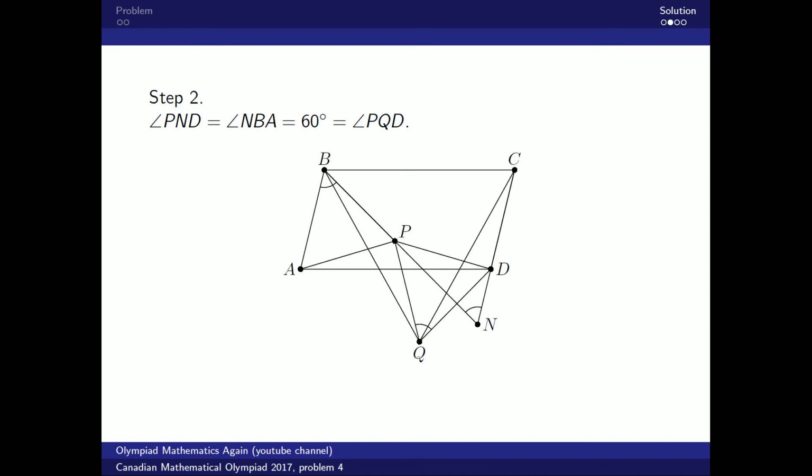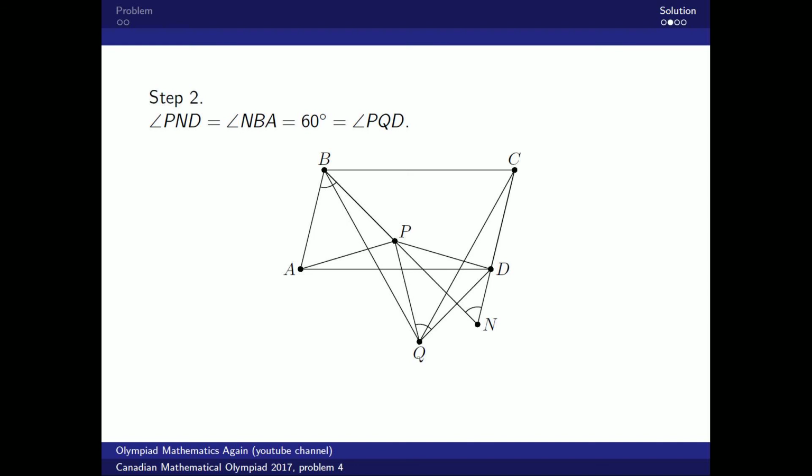But NBA is equal to 60 degrees because ABP is an equilateral triangle. But also from step 1 we know that PDQ is equilateral. Therefore, the angle PQD is also 60 degrees. Therefore, the angle PND is equal to the angle PQD.